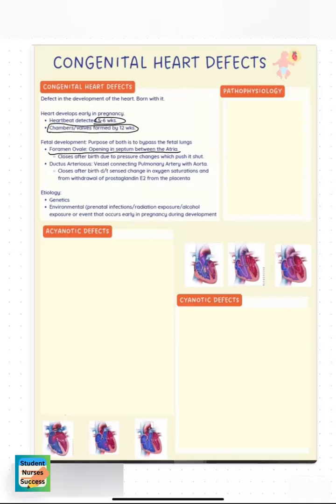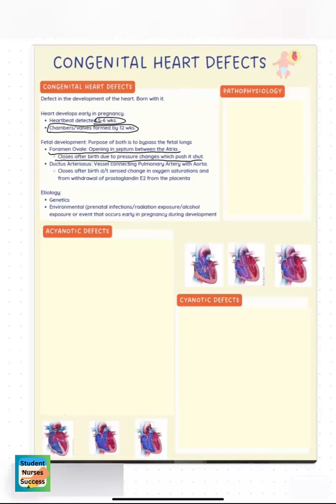Now, the foramen ovale should close soon after birth, and that closes due to pressure changes in the left side of the heart. When the baby breathes and expands those lungs once he or she is born, that pressure actually closes that little flap called the foramen ovale.